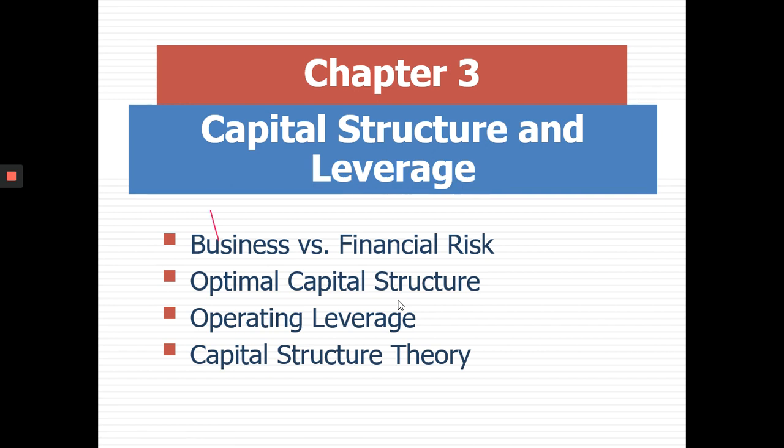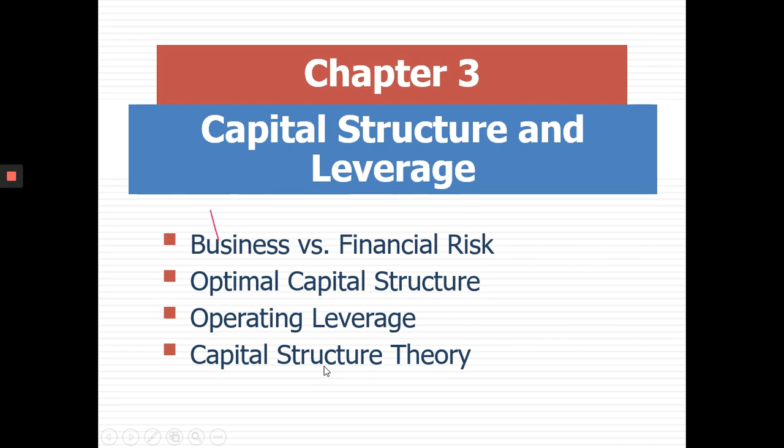The financial structure is what we call capital structure, and how do we get the optimal, the ideal range of capital structure? And then next is operating leverage, which is the usage of fixed costs, and then you have capital structure theory.